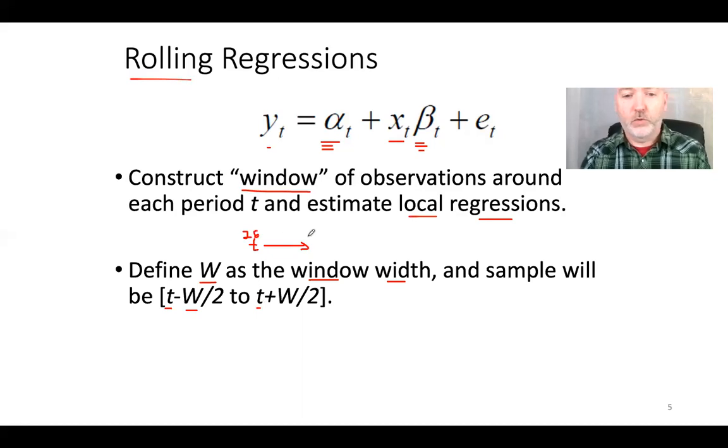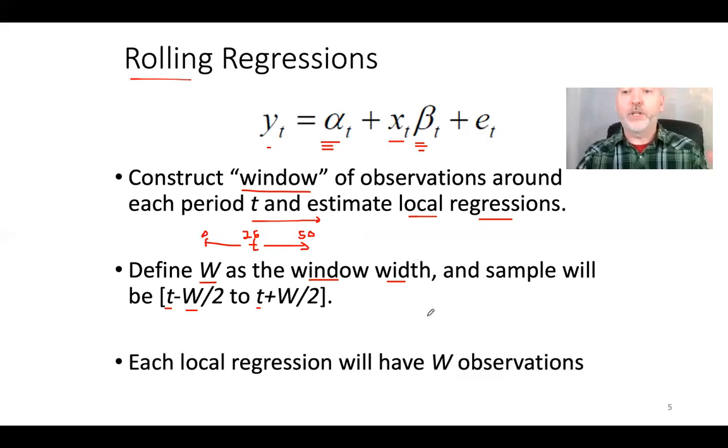And we'll go 25 observations into the future up to the 50th observation, and the beginning of the window will be at basically time period 0, time period 1. And then we'll just move that whole thing to the right one period. Instead of 0 to 50, we'll go 1 to 51, etc. That's the rolling that we're imagining. These little local subsamples move through the entire time series sample, and each one of those little local regressions will have W observations in it.